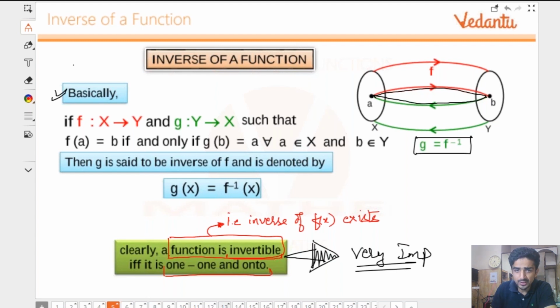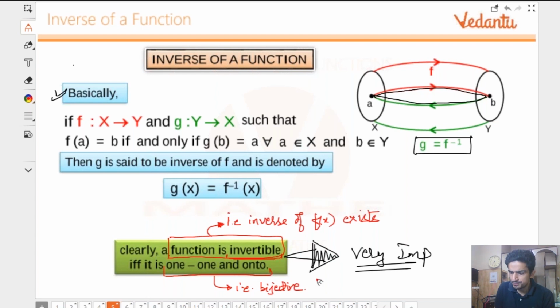Before I proceed toward next observation, please let me know if you have any doubt so far. It should be both. Yes, both. 1 1 and onto, both. If it is only 1 1, not onto, even then there's a problem. So inverse will exist only when function is bijective. This is very important.